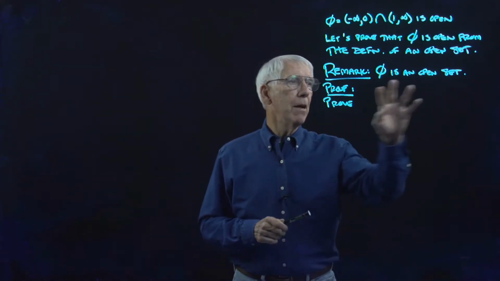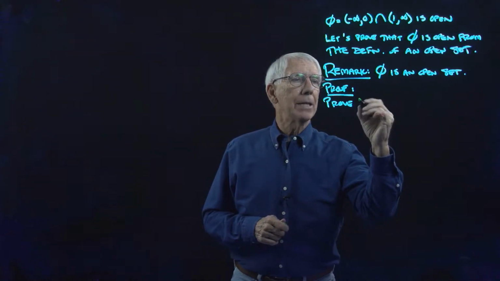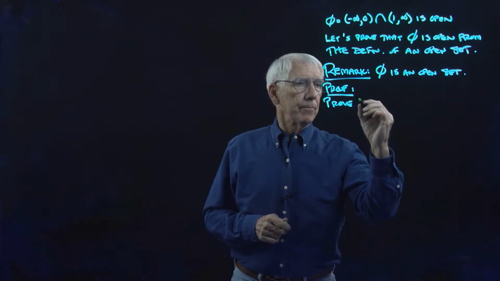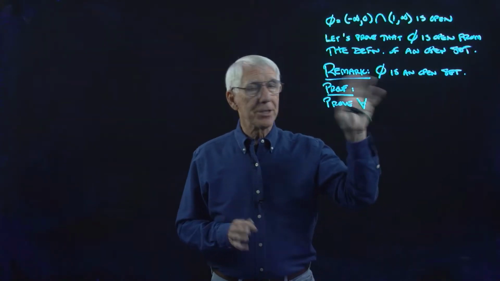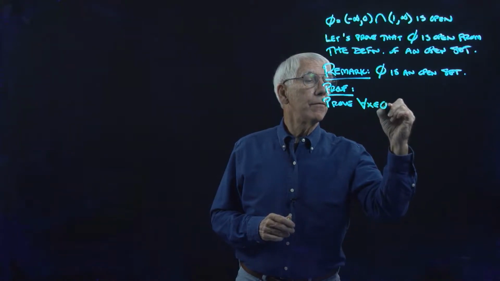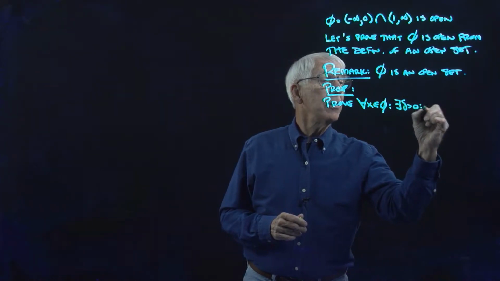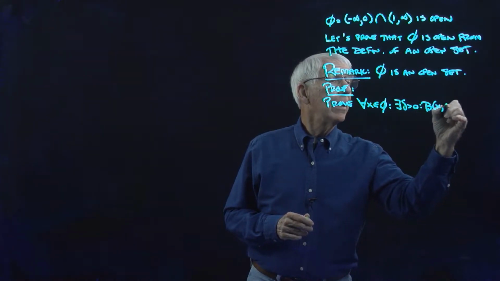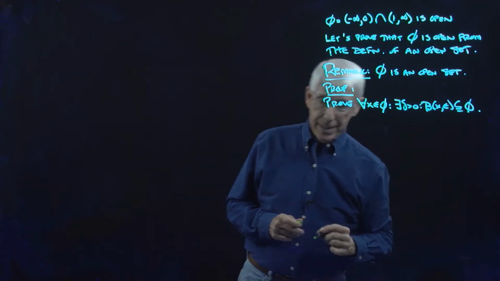So what we want to prove is phi is an open set, but that is the statement that for every, so I'm going to write down now the definition of an open set as it applies to the empty set. For every x in phi, in the set, there exists a delta greater than 0 such that the ball around x of radius epsilon is itself a subset of that set.